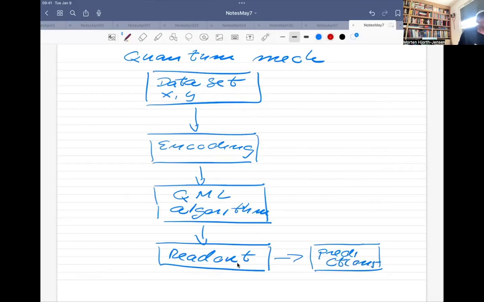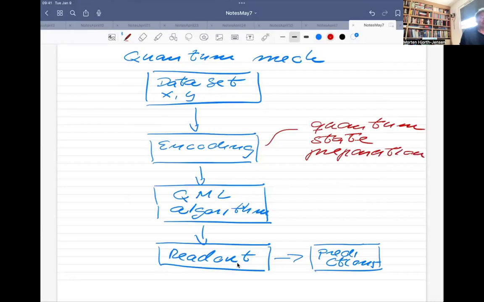So let's just mark some of these things. This is actually a quantum system state preparation. So we need to initialize the qubits which we have available in a specific format.